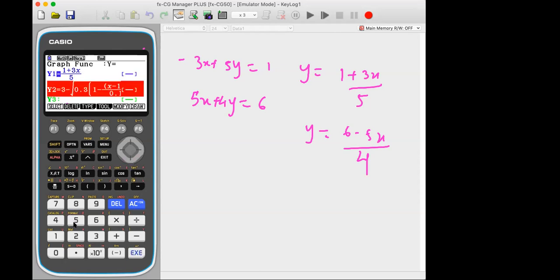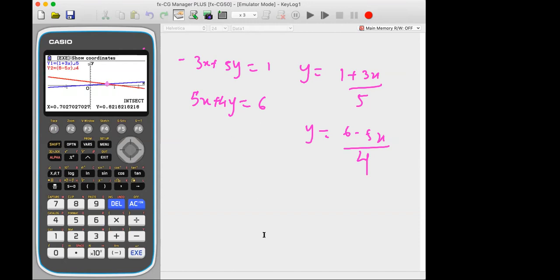And the second one is 6 minus 5x over 4. Once we plot this, I'm just going to remove the last graph. So you just see where they're intersecting.